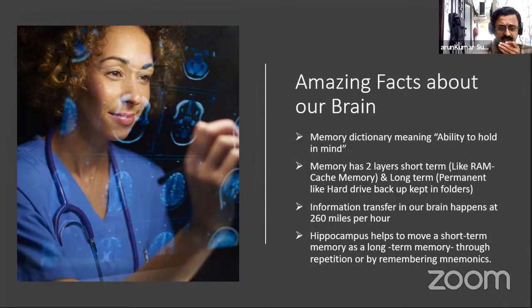Information transfer in our brain happens at 260 miles per hour, which is an amazing speed. The hippocampus helps us move short-term memory into long-term memory through repetition or through mnemonics. That is why they say, if you want to be a successful person, an expert, keep repeating it. Action repeated will become involuntary in your system.